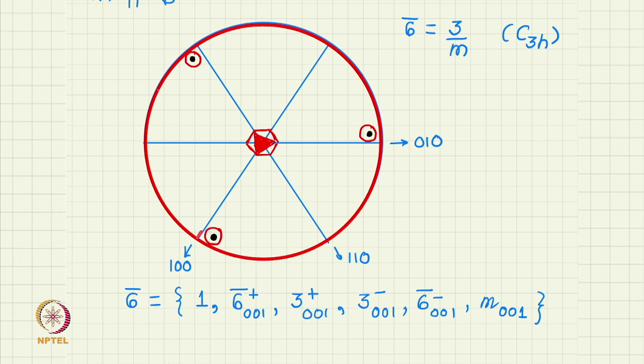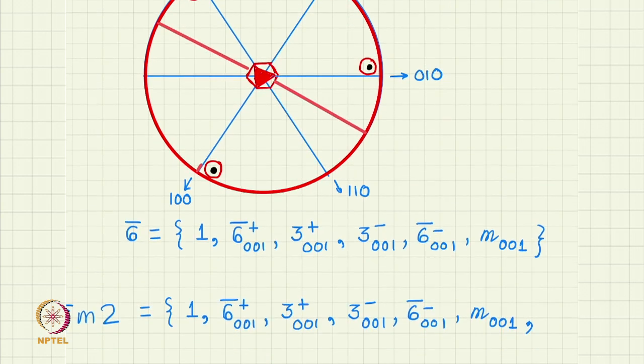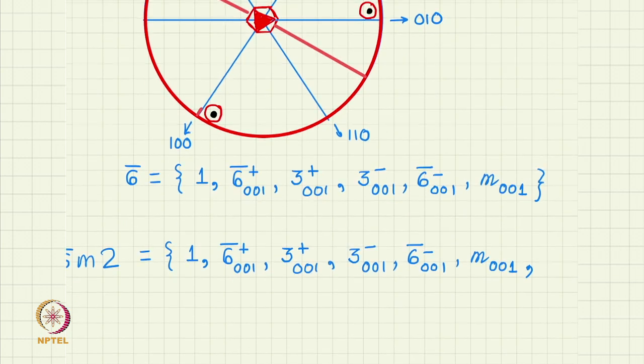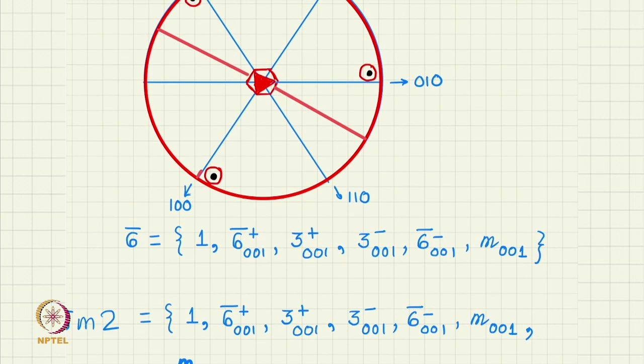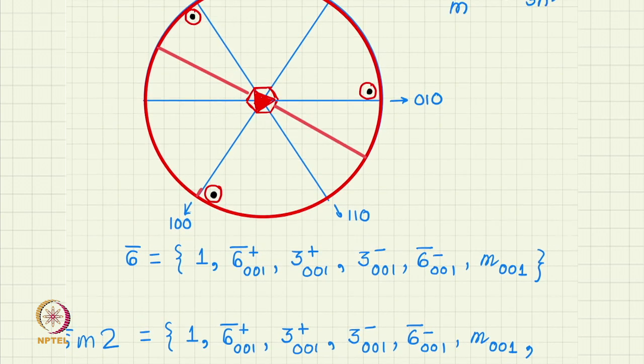Then I will have to put the mirror on this bisector line like this. So, this will be the 100 mirror. So, I have added a 100 mirror to my group. And what will be the effect of this 100 mirror?